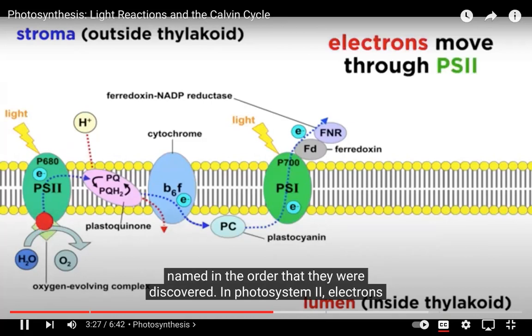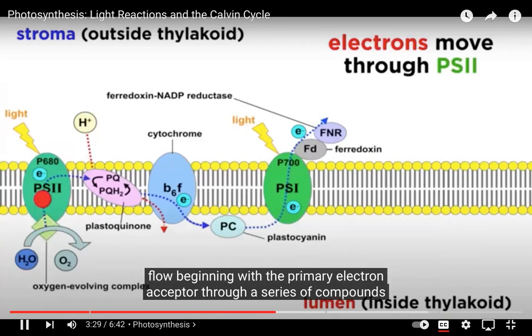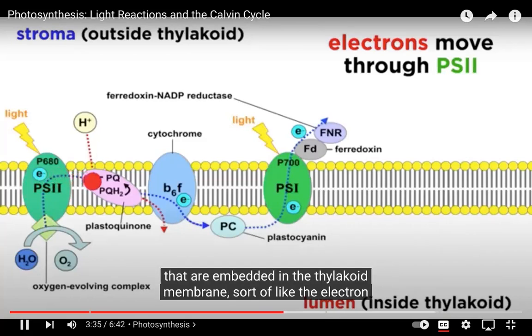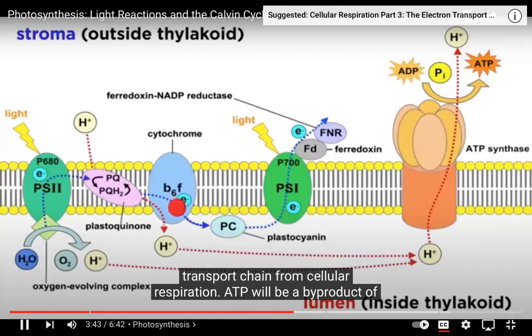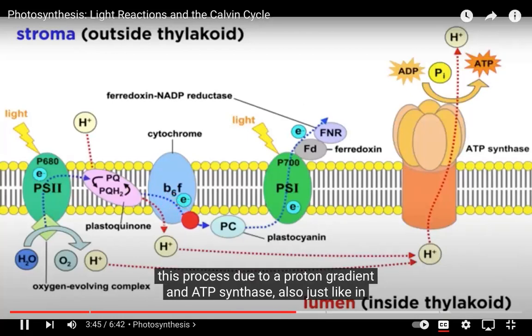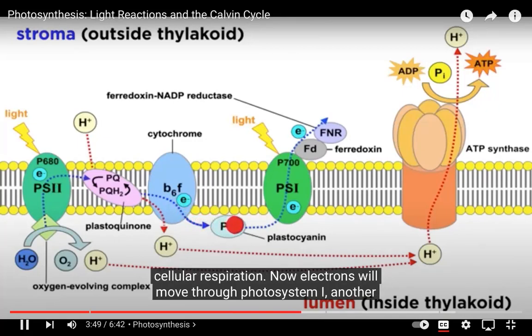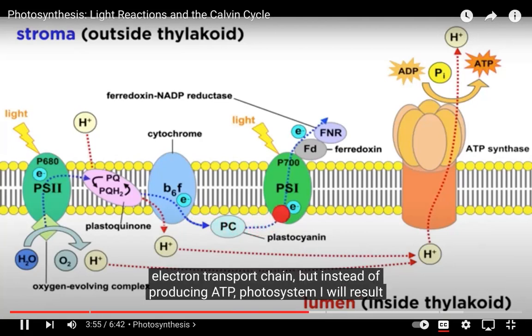In photosystem 2, electrons flow beginning with the primary electron acceptor through a series of compounds that are embedded in the thylakoid membrane, sort of like the electron transport chain from cellular respiration. ATP will be a byproduct of this process due to a proton gradient and ATP synthase, also just like in cellular respiration. Now electrons will move through photosystem 1, another electron transport chain.